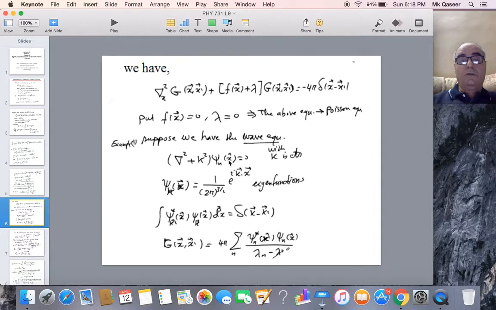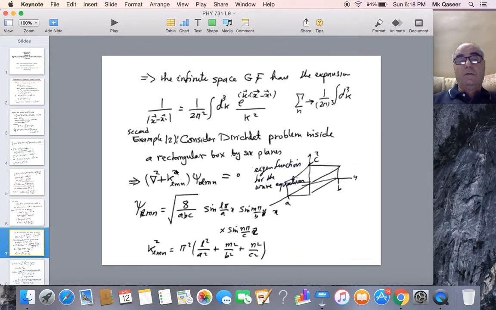This equation reduces to the following form, which is del squared plus k squared lmn psi lmn equals 0, and we know that the solution for this problem is given by the square root of 8 over ABC, the normalization constant, times sine of l pi over A times x, sine of m pi over B times y, sine of n pi over C times z.